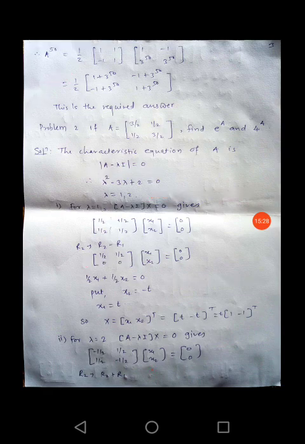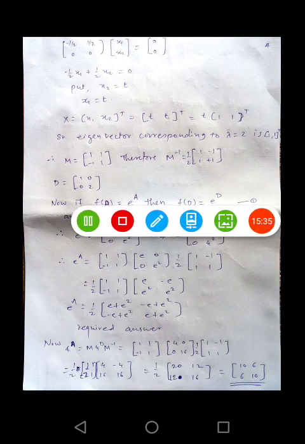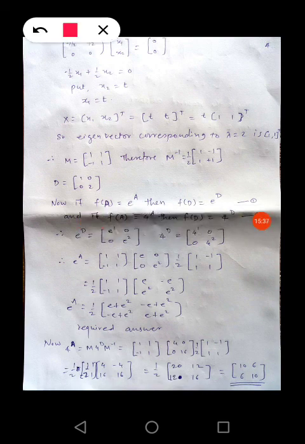So we can write [-1/2 1/2; 0 0], the second row will be 0 here. Now minus 1/2 x1 plus 1/2 x2 is equal to 0. As in many of the examples we have seen, the rank, number of unknowns and linearly independent parameters, so we are not going to write those here. Put x2 is equal to t, we get x1 is equal to t, hence the required eigenvector is [1, 1].